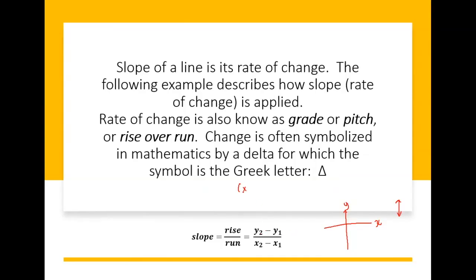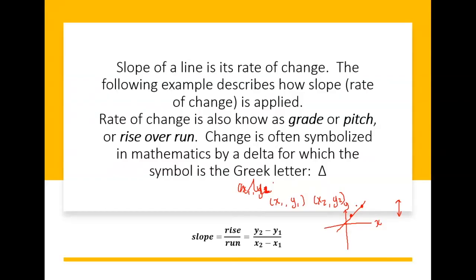When we talk, we mean we have 2 points. So we have x1, y1, and then we have x2, y2. So we have 2 points on a line. Let's say the line looks like this. We're taking a point here and maybe a point here.